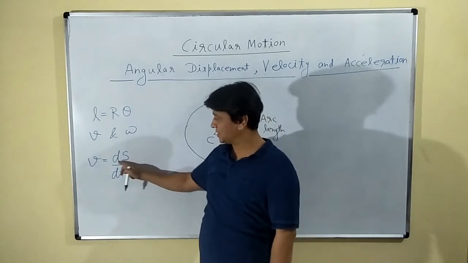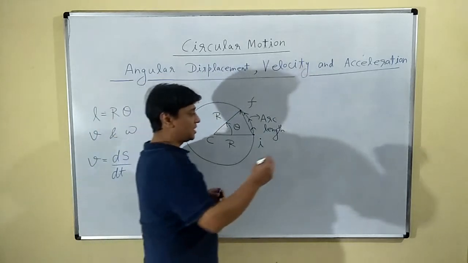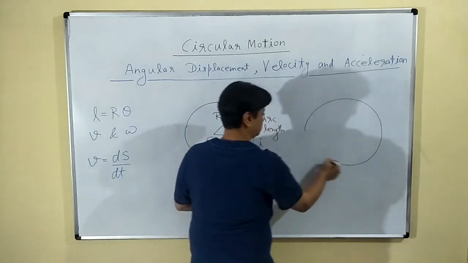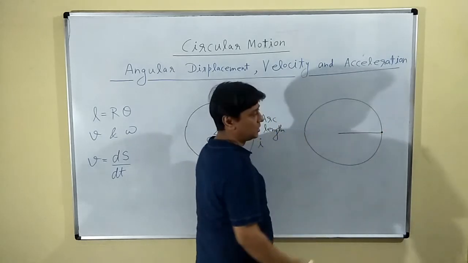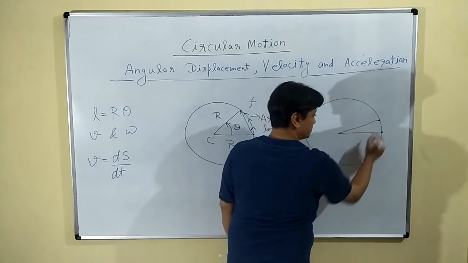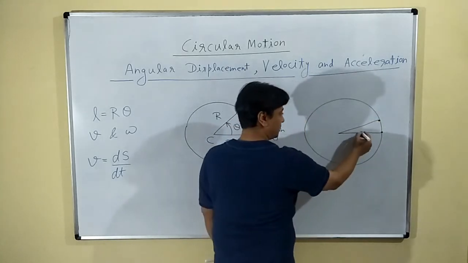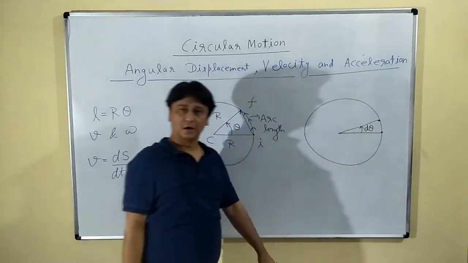Look at this ds. ds का मतलब क्या है? अगर आप इस सर्कुलर पाथ में you start moving from this position to this position such that your angular displacement is d theta.